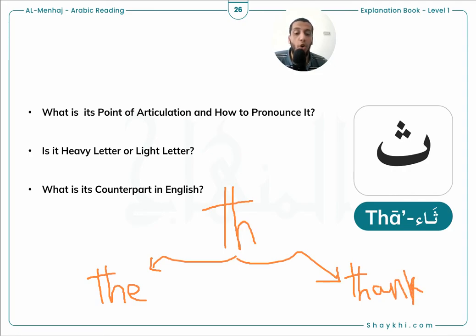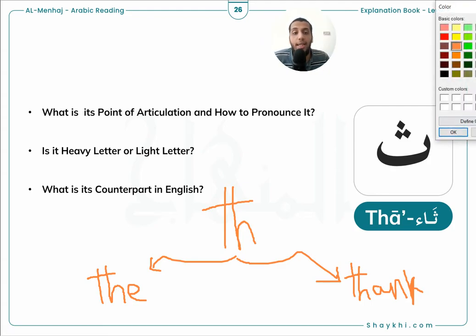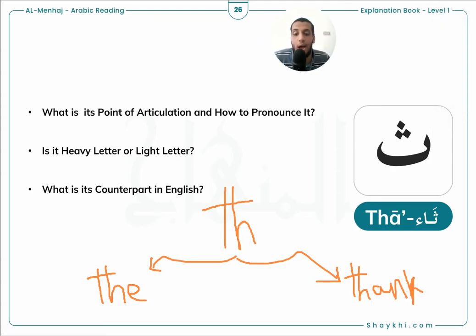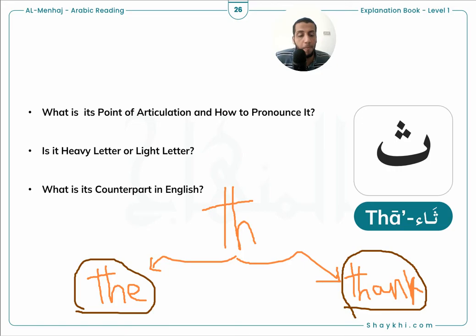Okay, so now I will ask you which th we mean here. The first th, which is the th of the definite article the, or the th as in the word thank you. Okay, the th as in the word thank you is the correct answer.